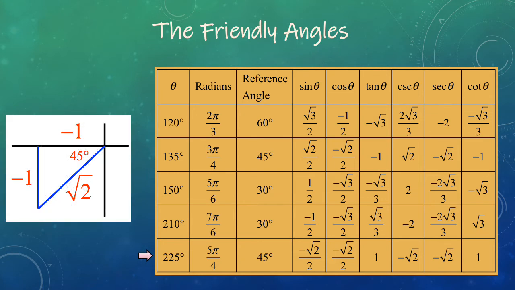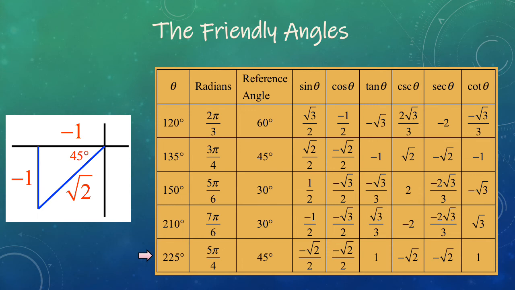For 225 degrees, we multiply by 2 pi over 360 to get 5 pi over 4 radians. Drawing it, we see that this is a quadrant 3 angle, and our reference angle is 45 degrees. So we have a 45, 45, 90 degree triangle, making the sides negative 1, negative 1, and the square root of 2.